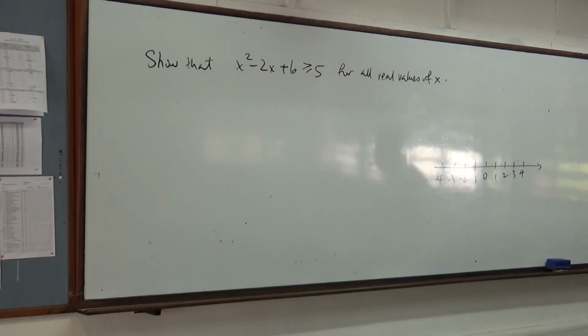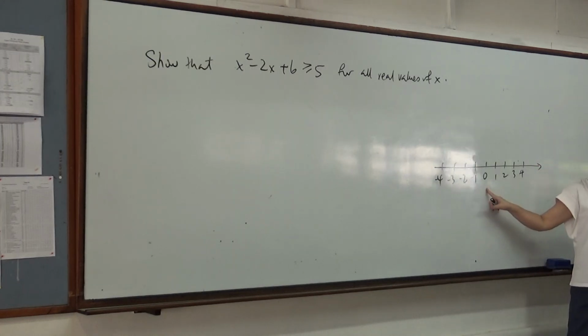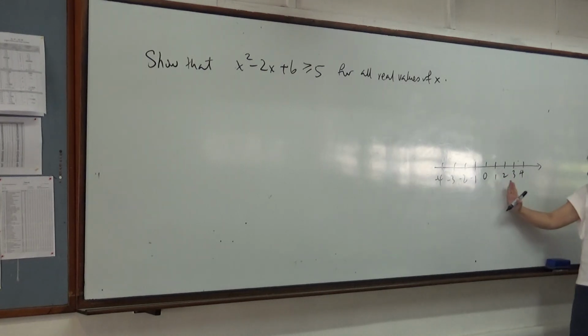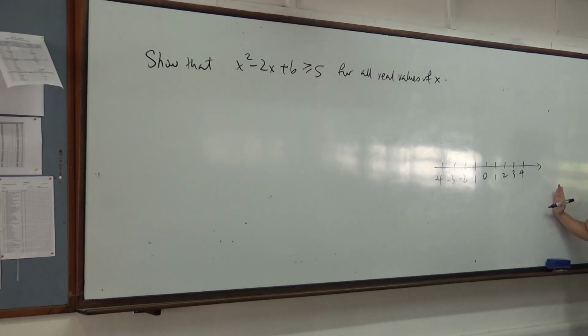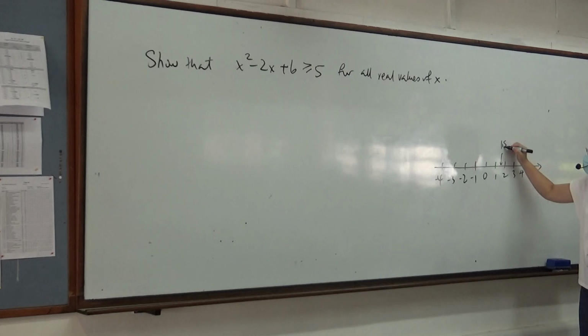Positive or negative whole numbers are integers. This side is called positive integers, this side is called negative integers, and 0 is a neutral integer, because it's neither positive nor negative. Now, this side are called positive numbers, and this side are called negative numbers, because I can also have numbers like 1.5, okay?